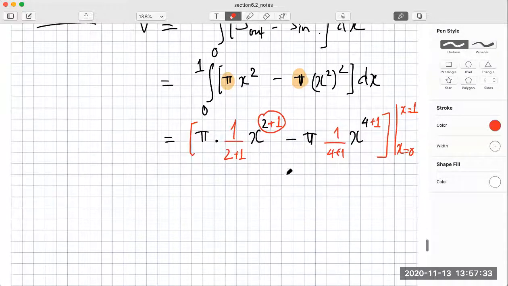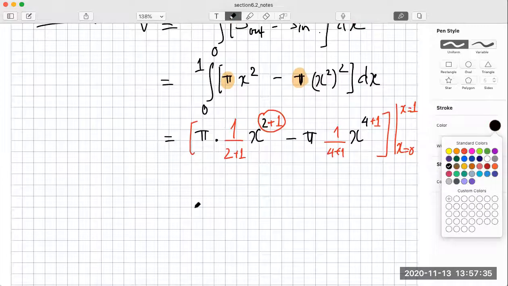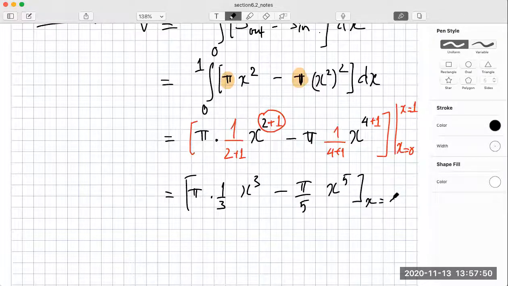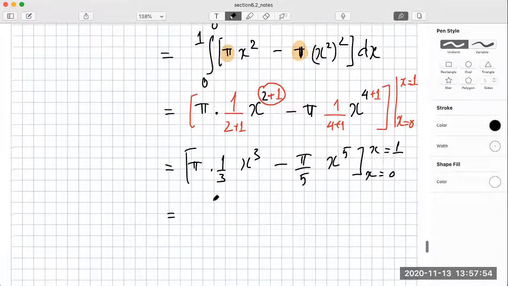So now let us simplify these. It will be pi times 1/3 of x cubed minus pi over 5 times x to the 5th, evaluated at x equal to 0 and x equal to 1. Okay? Are we good?